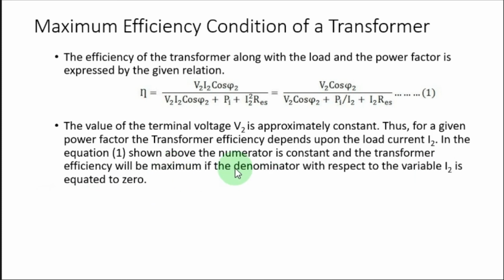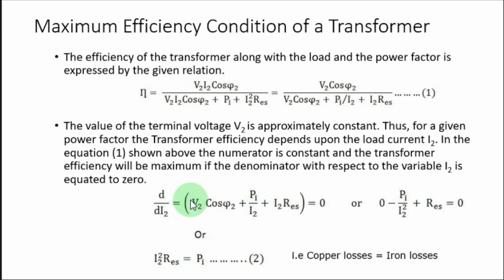If you differentiate this with respect to I2, if it is 0, then that means the maximum value of efficiency. So you differentiate the denominator with respect to I2, and it will be 0 when the efficiency is maximum.